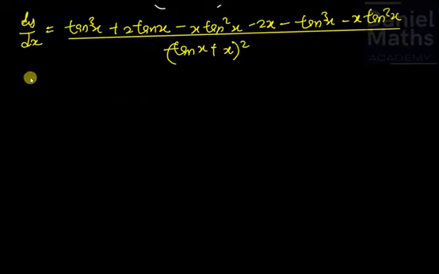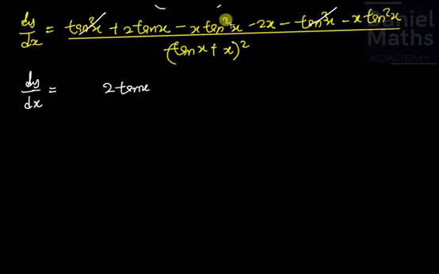So I'll have that dy upon dx is equal to, so if I do that properly, we'll see that tan cube x will cancel tan cube x, and then again what I have here is 2 tan x, then minus x tan square x minus x tan square x.